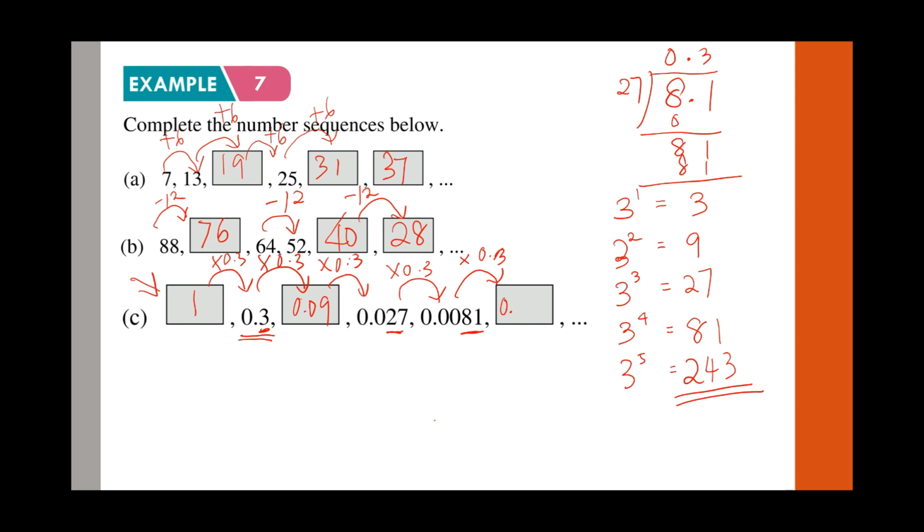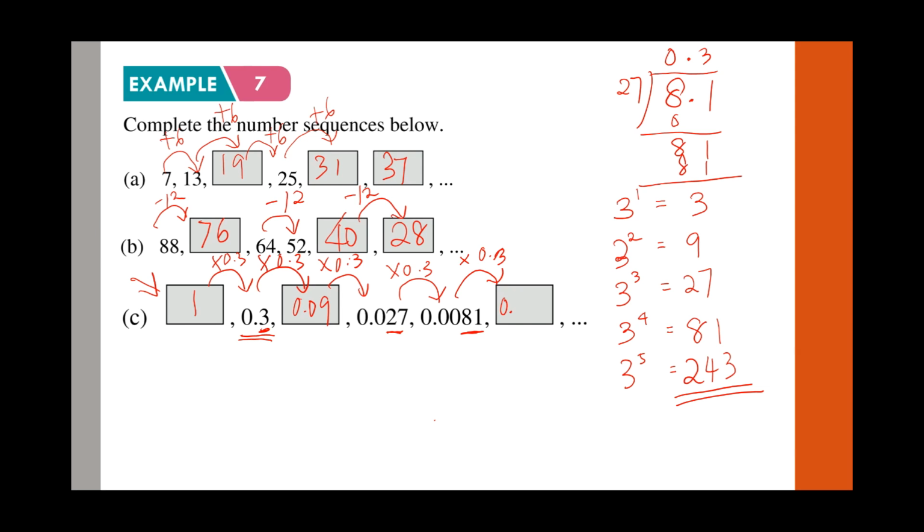What about Winnie? Yes. Can you give me the last answer? That will be 0.0081 times 0.3. Wait, madam. Okay. 2.43.